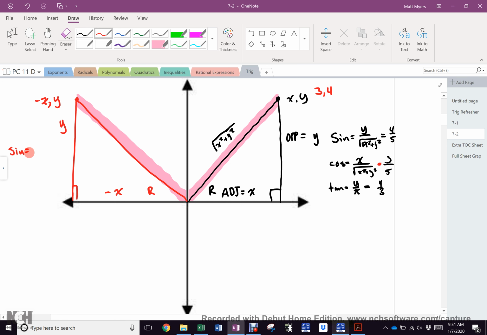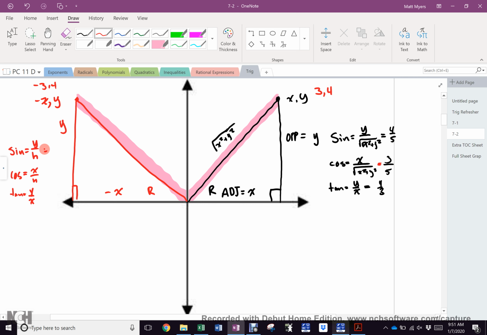So what is my sine of my reference angle? It's y over the hypotenuse. What's our y value here? First, it's y over the hypotenuse, right? What is our cos? x over hypotenuse. And what is our tan? y over x. Now we know this is negative 3, 4.